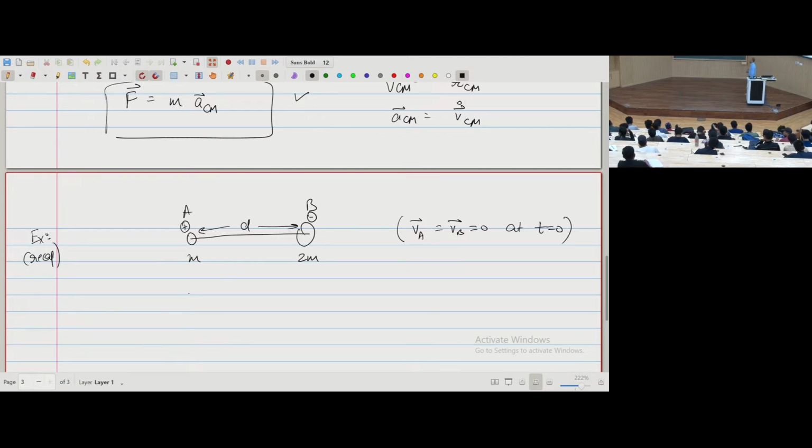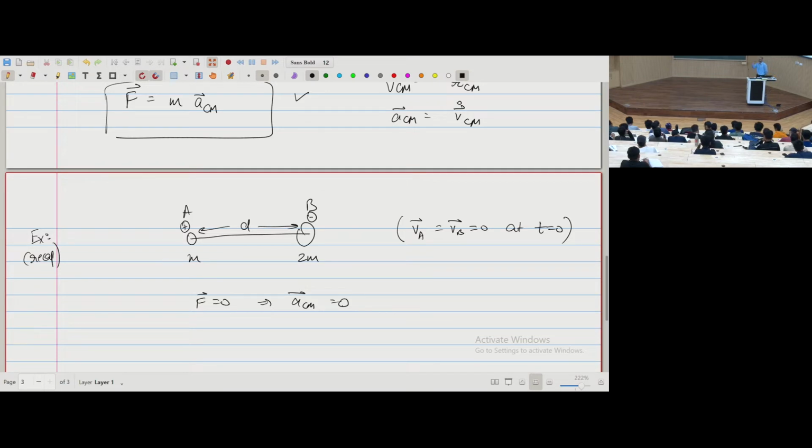You can use the equation, the idea we just discussed. So see what the total external force on the system is. 0. There's only internal forces acting which are equal and opposite. So that means I can apply Newton's second law for a system. So that means the acceleration of center of mass is 0. Now the velocities to start with were 0.